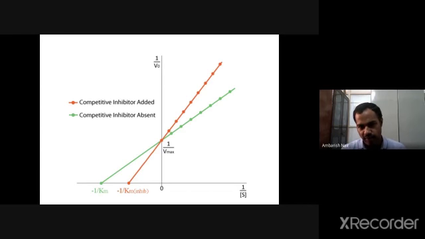So if you plot 1 by V naught versus 1 by S, you will get two straight lines, one for the normal reaction and another for the inhibitor reaction. In the normal reaction Km will be the same, so if you compare the normal reaction with the inhibitor-based reaction, it is increasing. Here the intercept is 1 by Vmax and the slope is not Km by Vmax.